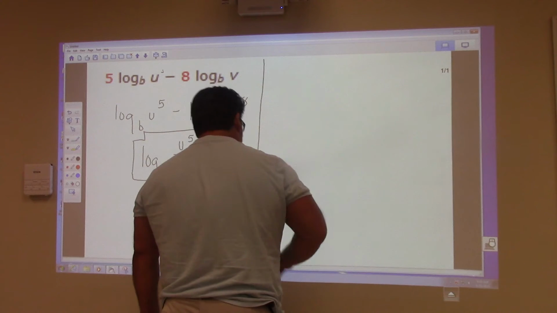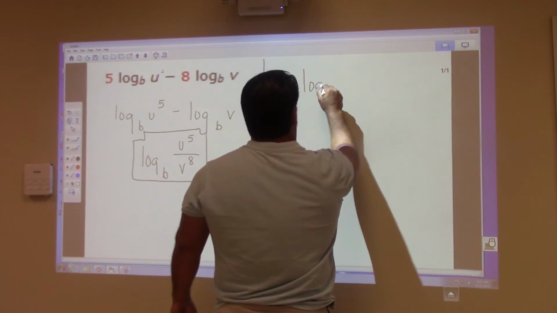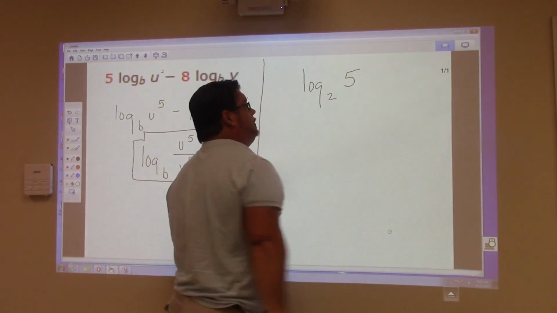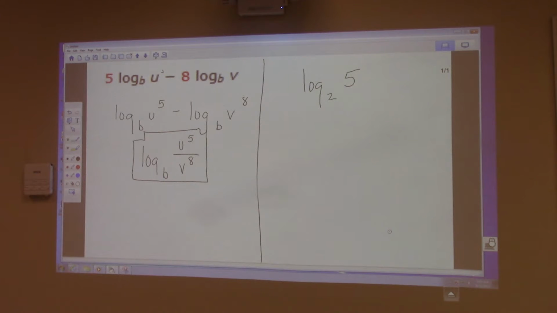Take the calculators out. Log base 2 of 5. You can't do that on a calculator. Why? Even though some of y'all believe a calculator can drive your car and walk on water, your calculator cannot do everything. The calculator only thinks in terms of log base 10 and log base e. So you can't do log base 2 of 5.